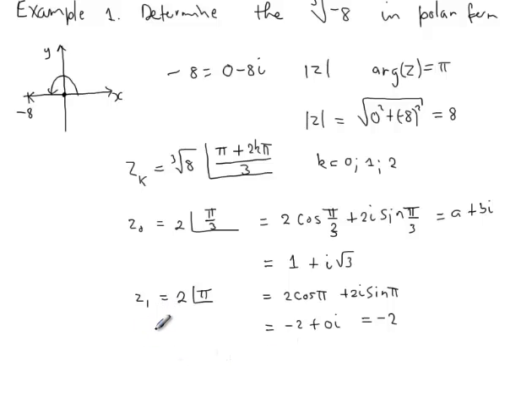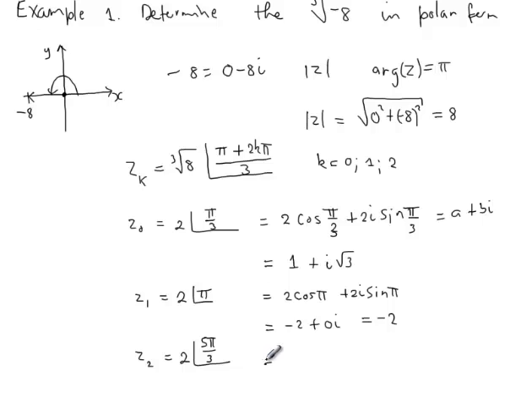So now what happens here? Let's get to Z2. Now in Z2, we're going to substitute k by 2. We get 4 plus 1 is 5. So our angle is going to be 5 pi over 3, and still we've got a 2.